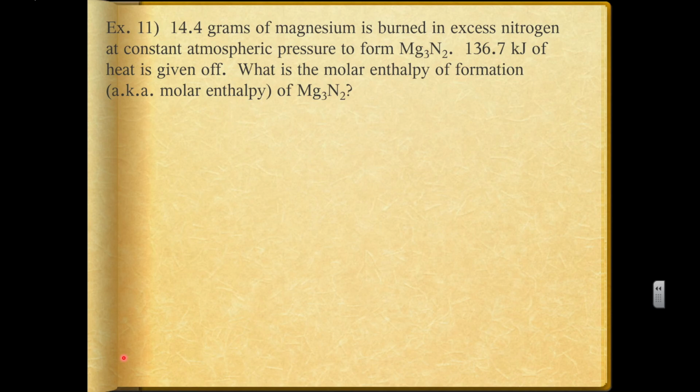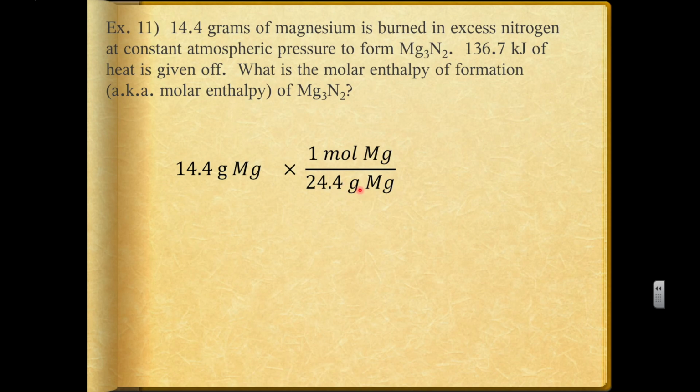So what I need to do is find the amount of moles, right? I have 14.4 grams of magnesium. Go ahead and convert that to moles. Just divide by the molar mass. That's G stands for go to the periodic table, and I will find 0.593 moles of magnesium. Now all I have to do is take the kilojoules, the amount of heat that's given off. That's the amount of heat that was given off per this many moles, right?